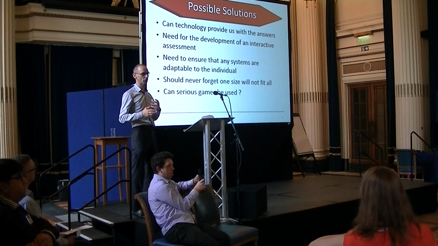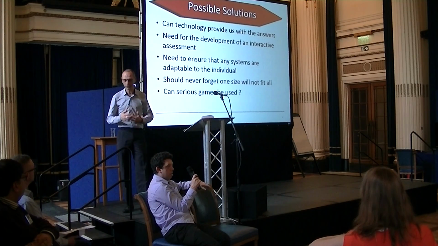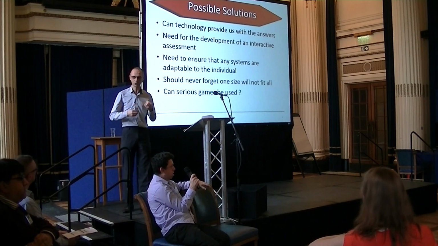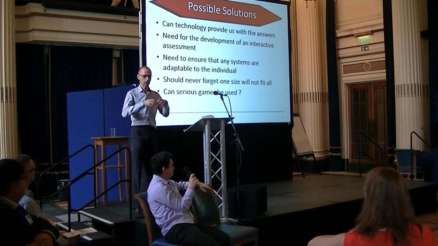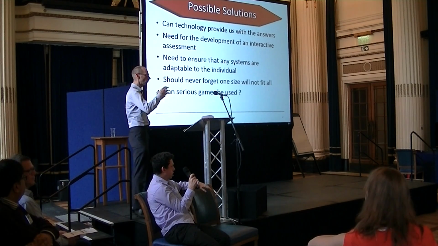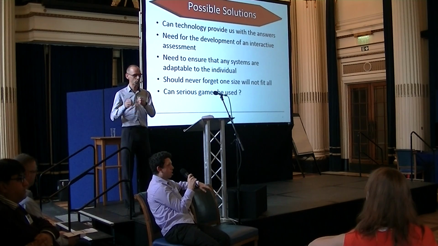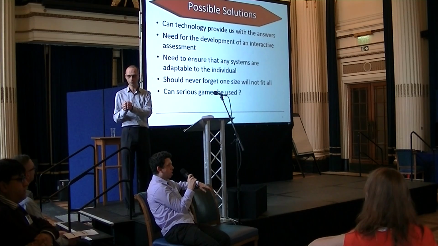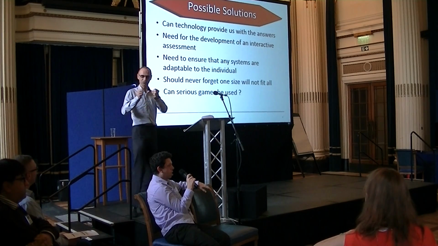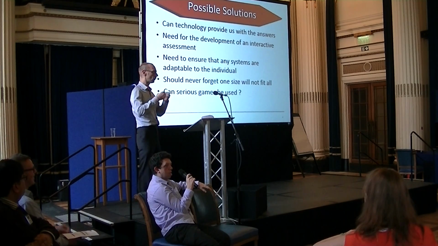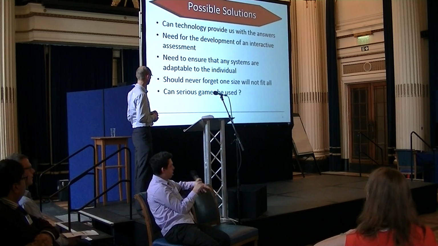I think it's fair to say that over the years, and I've been involved with a number of projects, sometimes those systems aren't adaptable. We come up with what we think is an amazing tool, we use it, and then very quickly we come across someone who we think it should be there to help, and it isn't. So the reality is, is there a way we can make things more adaptable?